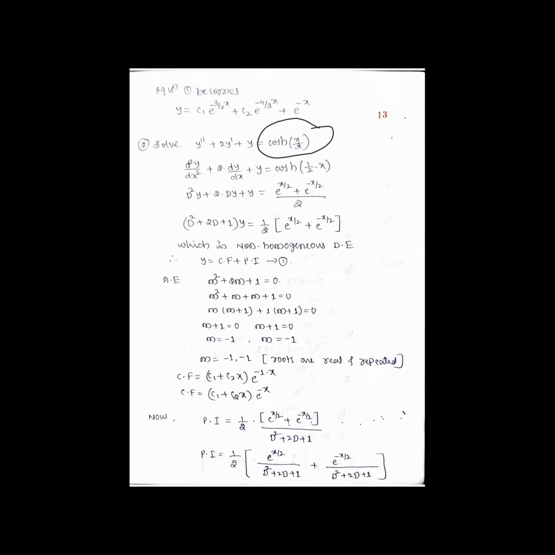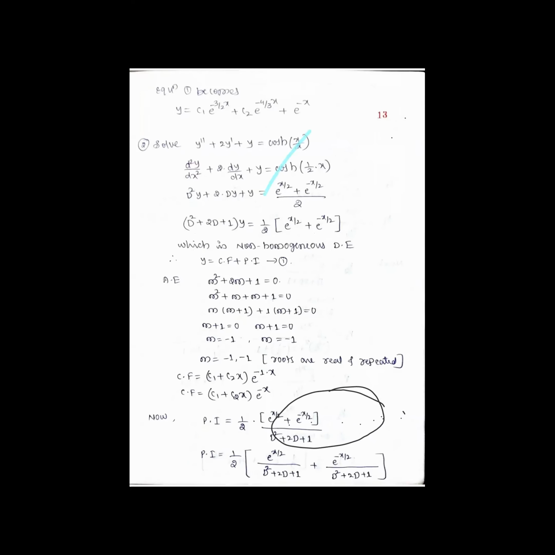So what I will do is convert the hyperbolic function in terms of an exponential function, which you have studied. Cos hyperbolic of ax, so a is 1 by 2 there into x. So e raised to 1 by 2 x plus e raised to minus 1 by 2 x divided by 2 I have to write.